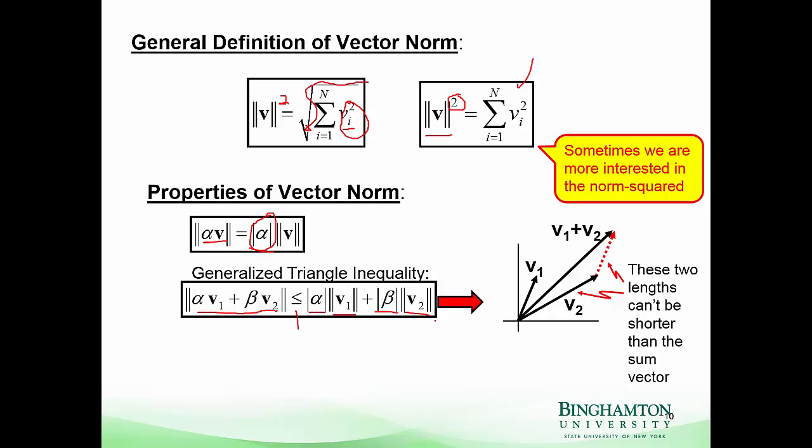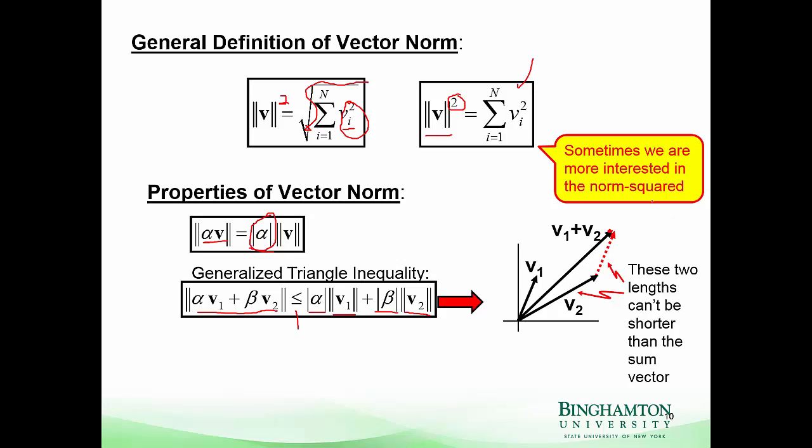Here's a nice picture of that. I show v1, I show v2. I move v1 over to here, tip to tail, or tail to tip rather. This point out here is the tip of v1 plus v2.